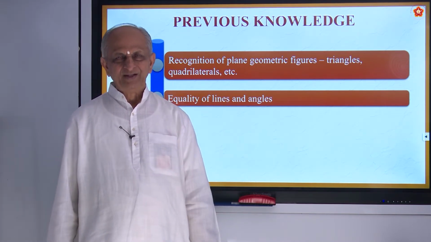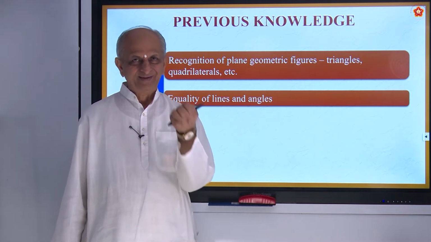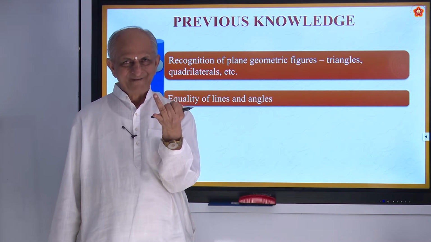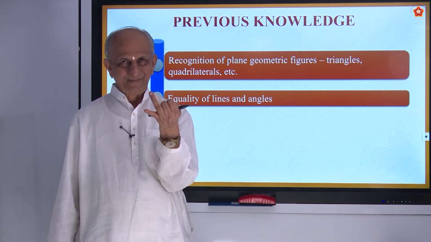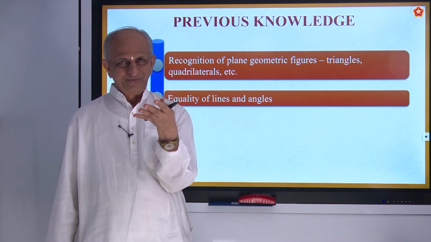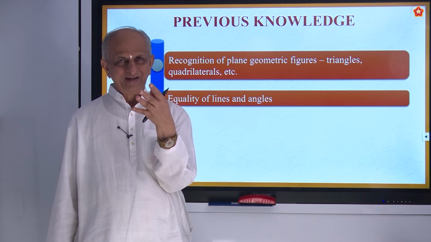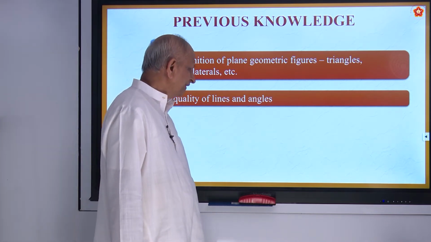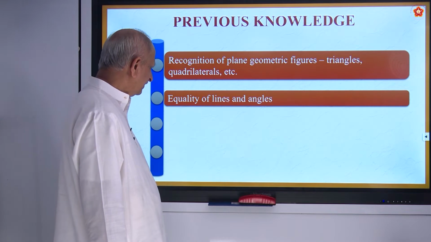How many types of angles are there? Come on. Acute angle, right angle, then obtuse angle, straight angle, reflex angle, and yes, that's all, 5, is it not? That you have studied in the previous classes.